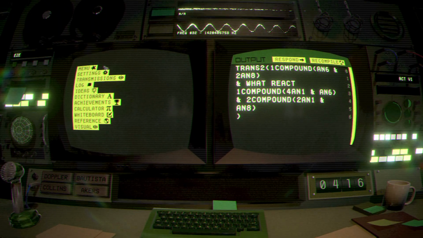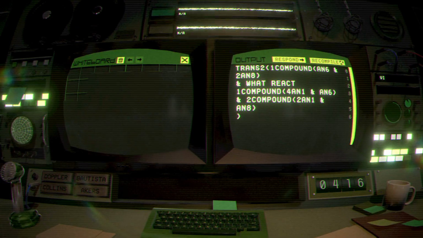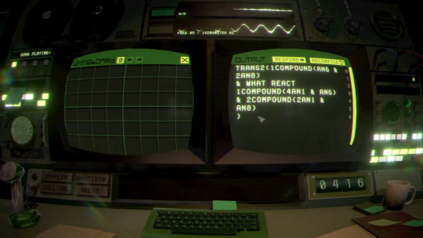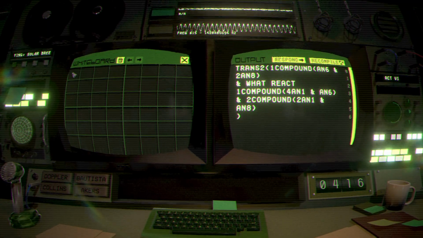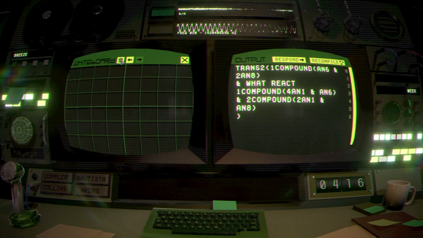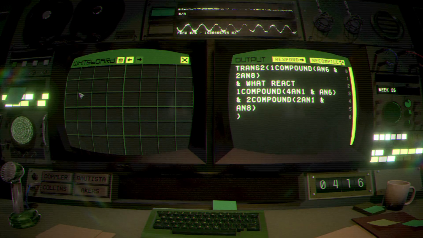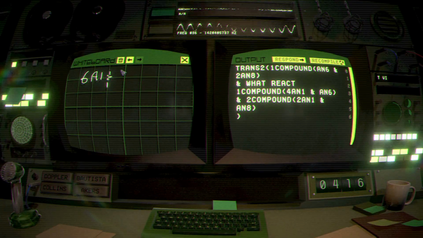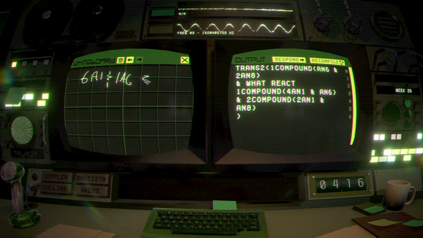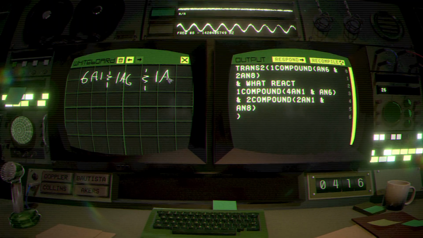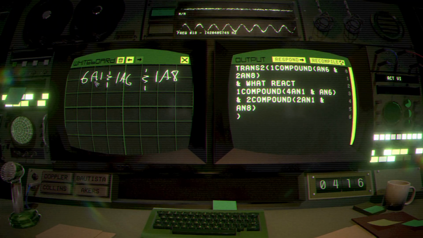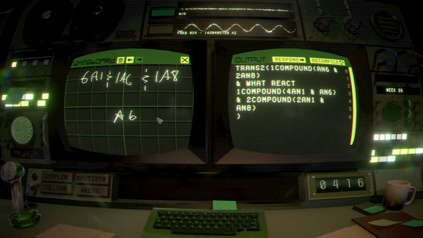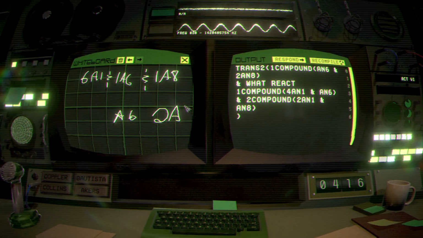Let me see. So, one, we can just do the basic math right here. 6A1 and 1A6, 1A8. Then we have to make that balance out with 1AN6 and 2AN8s.